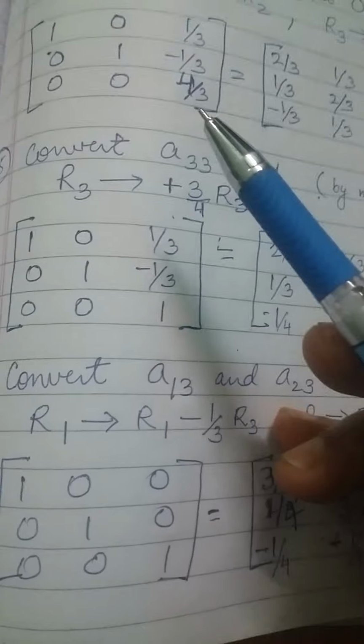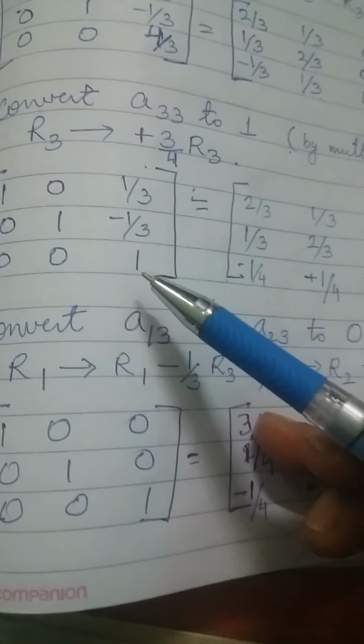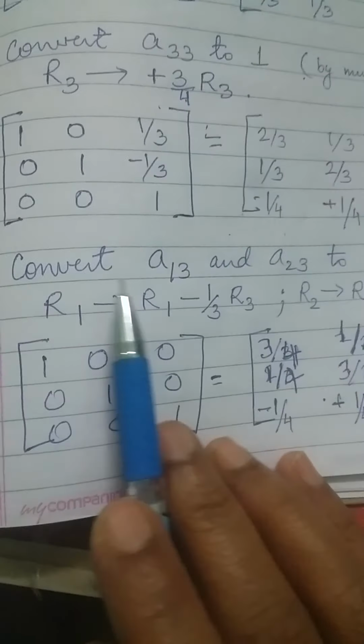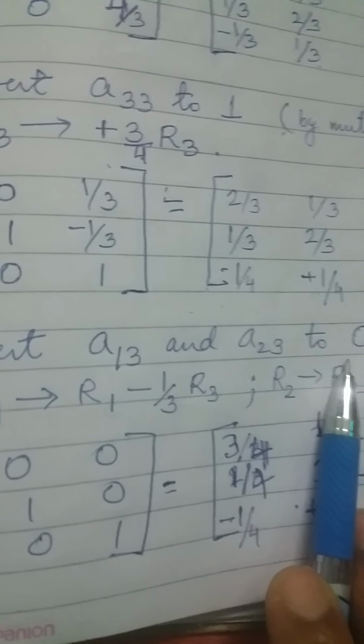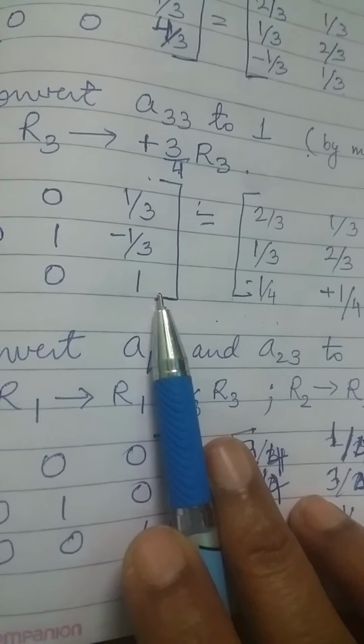After achieving this, our last step will be to make these two zeros. So it means we will convert A13 and A23 to 0. But this with the help of A33 position.